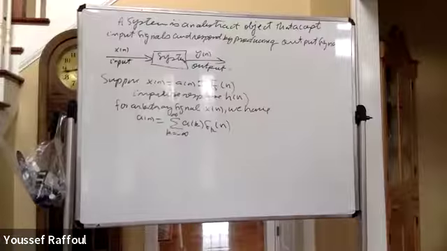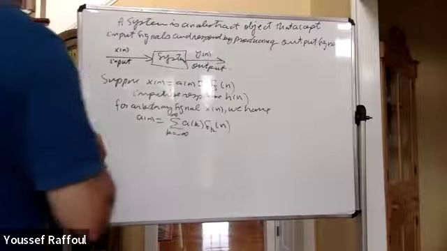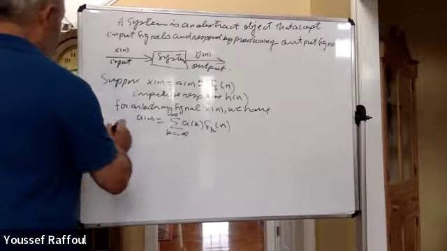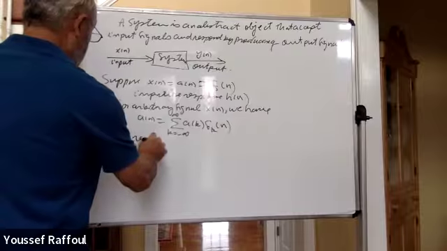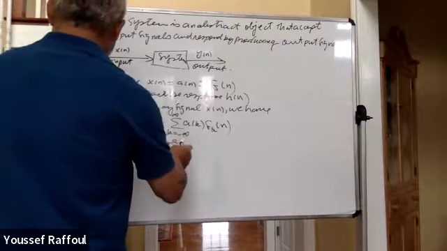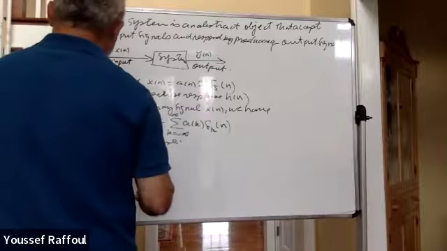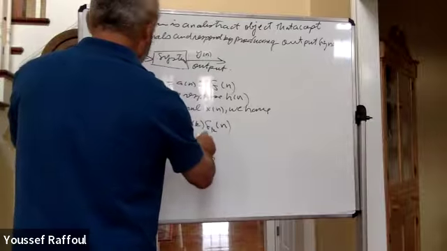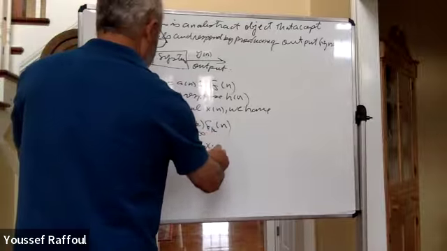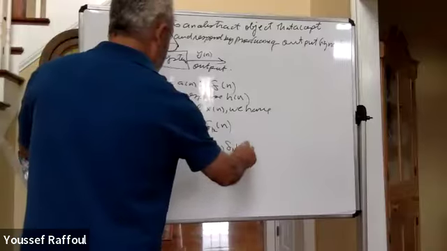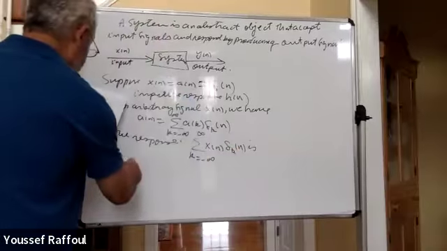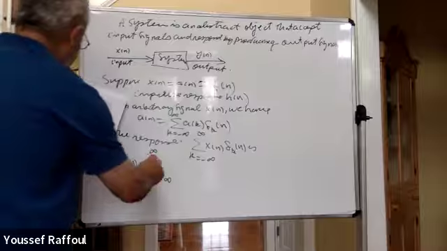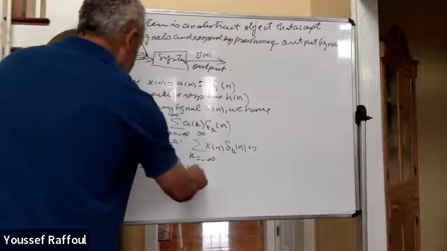Look how we define delta_k(n). Now the response to the sum from k equals minus infinity to infinity of x(k) delta_k(n) is y(n) equal to the sum from k equals minus infinity to infinity of x(k) h(n minus k).